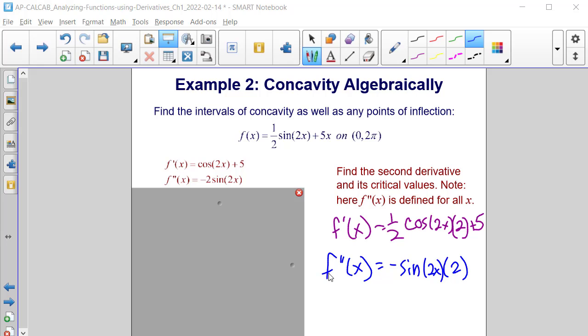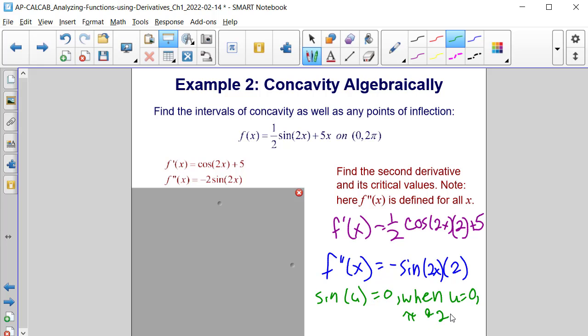Next, we have to determine when f double prime of x is equal to 0. So sine will be 0. I'll put it in terms of u for a second. Sine of u equals 0 when u is 0, pi, and 2 pi.